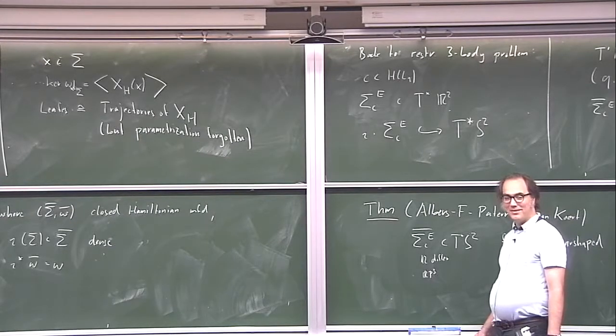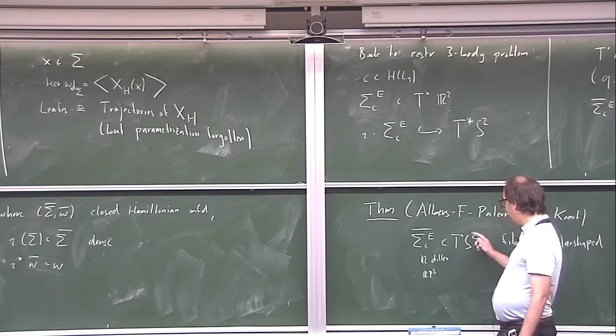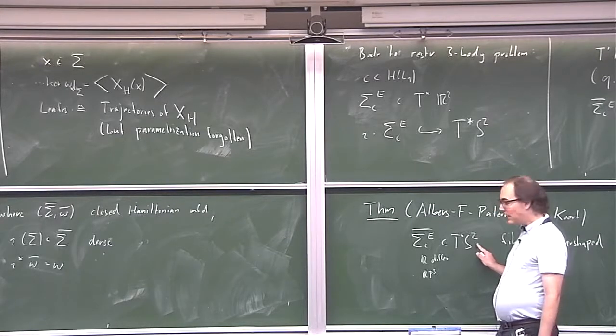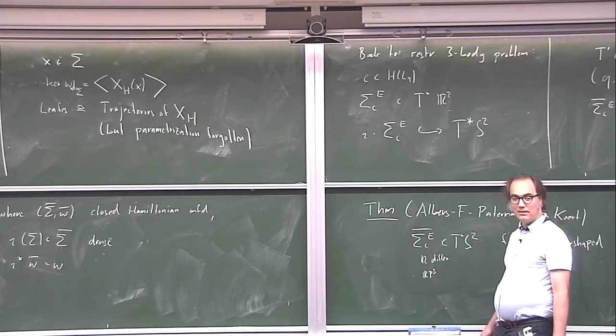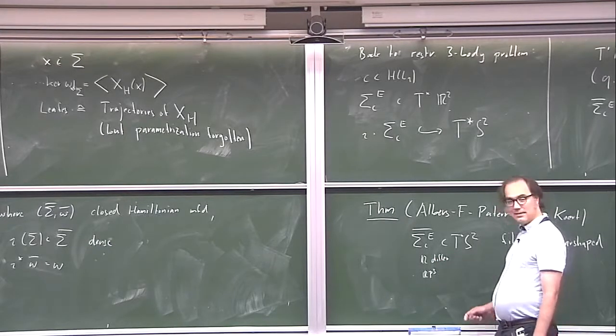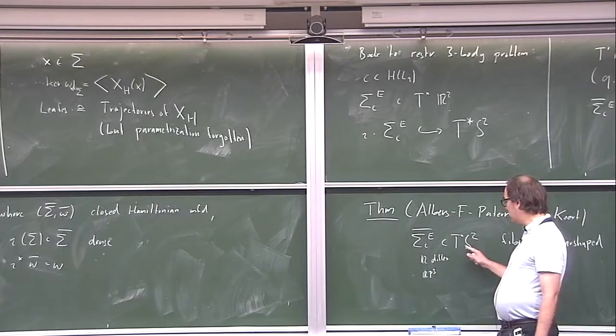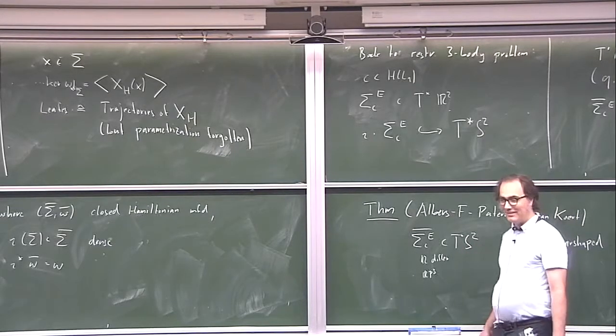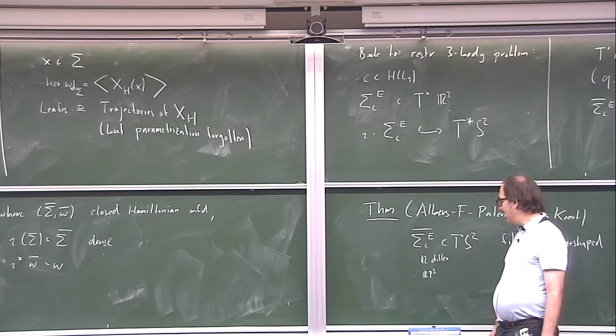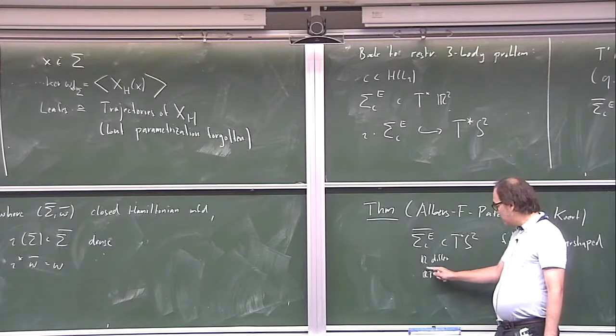How is the contact form? You have the Liouville one-form, and you restrict it to this hypersurface. Is it tight? Yes, this is because it's fillable, and fillable implies tight.